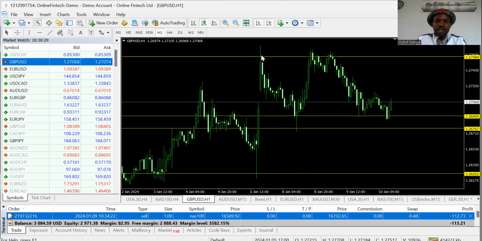But again, it's been touching this position at 1.27584 for some time. That is why we're seeing the reversal. We can even study the candlesticks inside. These are reversal candlesticks trying to indicate that the price movement has changed. Instead of going bullish, now it's going bearish.